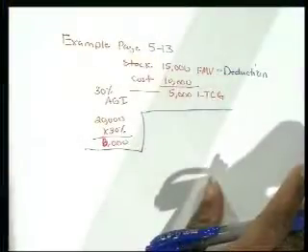Now she can elect, okay, because remember it's limited to 30% of her AGI. Alternatively, Carol may deduct the original $10,000 cost of the stock using the 50% AGI rule, which would give her a $10,000 deduction in the current year. Even though she would have a larger deduction in the current year, she would lose the $5,000. So you're like, okay, what do we mean? Okay, so let's look at what happens.